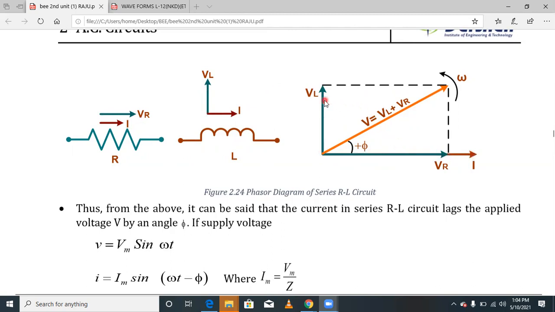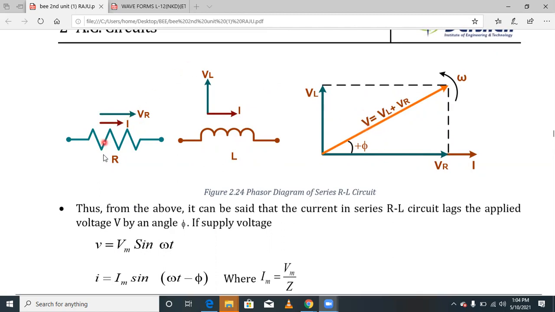The resultant of V_L and V_R is the supply voltage, called V. This is called the phasor addition of the voltage across the inductor and the voltage across the resistor, which is nothing but the supply voltage: V is equal to V_L plus V_R.